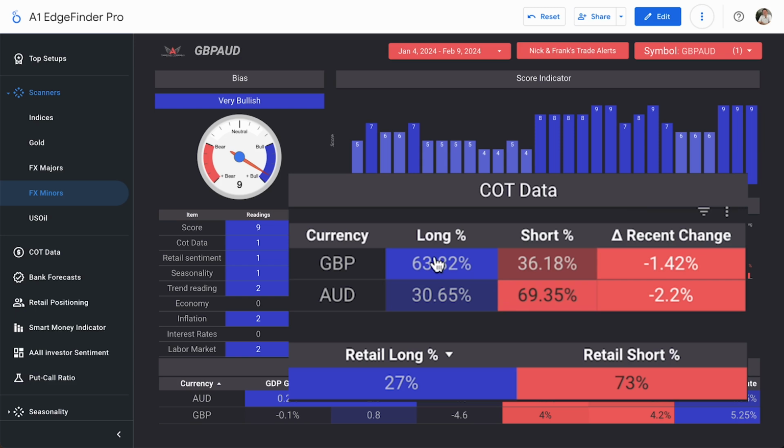So favored long on the pound overall, favored short on the Aussie overall, so that checks out. And then retail traders are currently favored short on Pound Aussie as a whole. So 73% of retail traders trading Pound Aussie currently have short positions open right now.